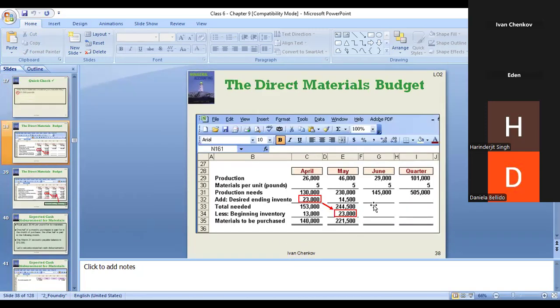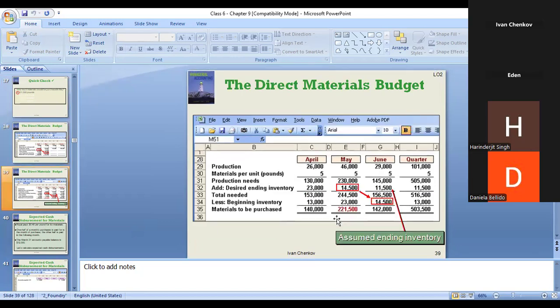So once we prepare that budget, again, we're going to start with the production needed. We're going to add the 10% for the following month of the material that we need. We're going to deduct the beginning balance, which is the ending balance from the previous month. And we're going to see how much we need to purchase for the month of May only.